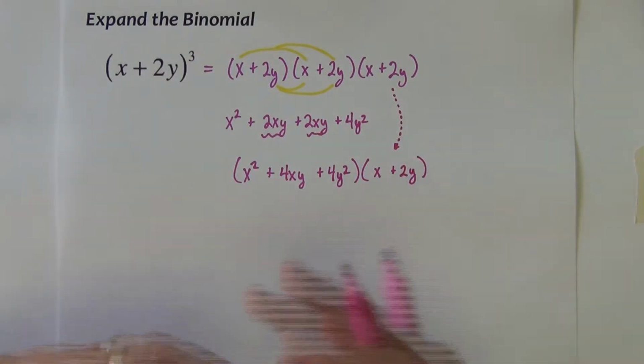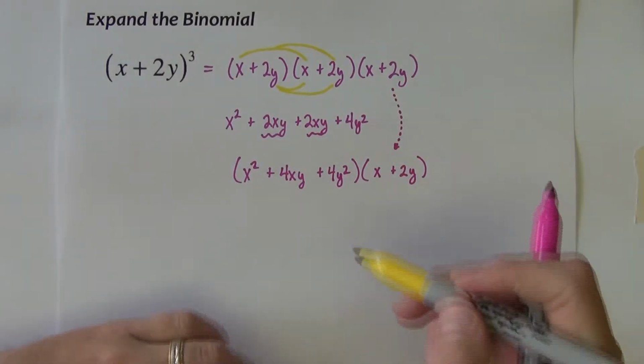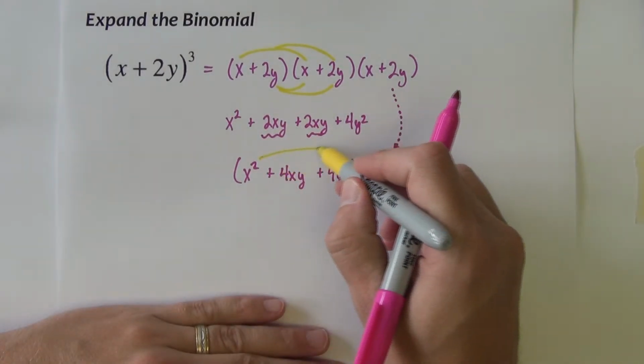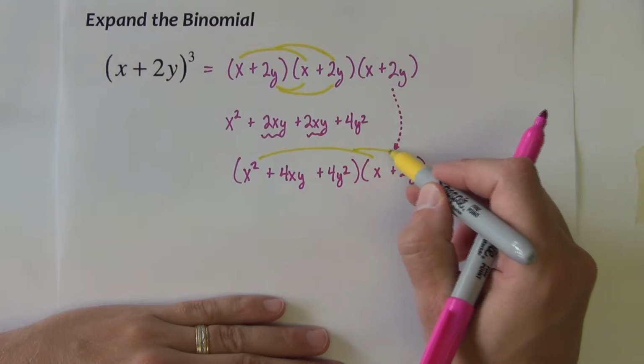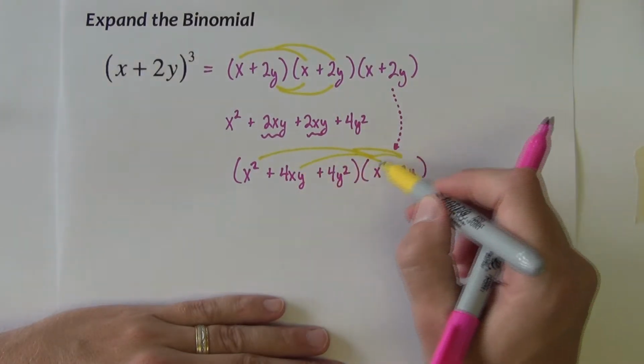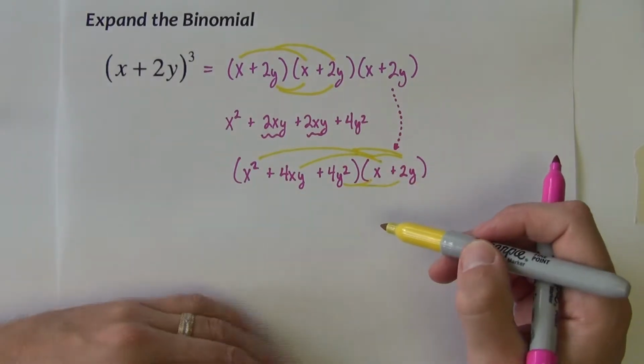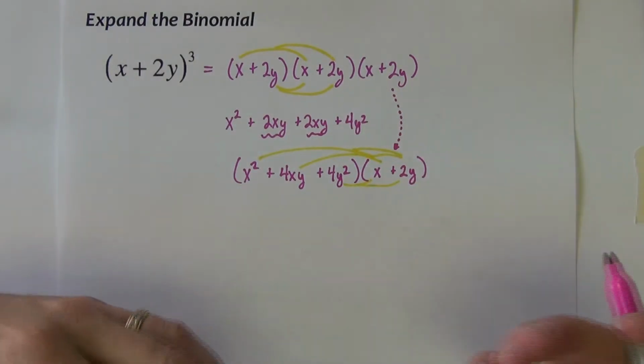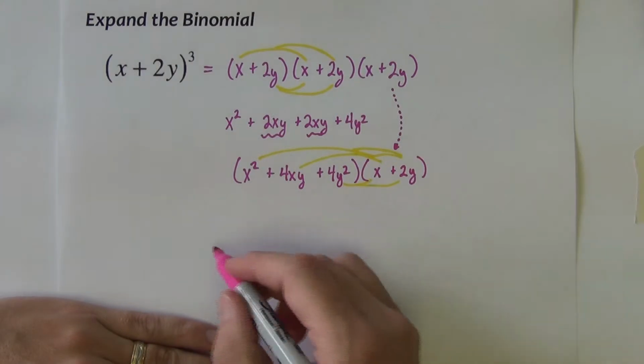Okay. Well, now we're going to multiply again. So that means the x squared goes to each of these. The 4xy goes to each of these. This 4y squared goes. So we're going to run through all 6 of those products and then simplify like terms again.